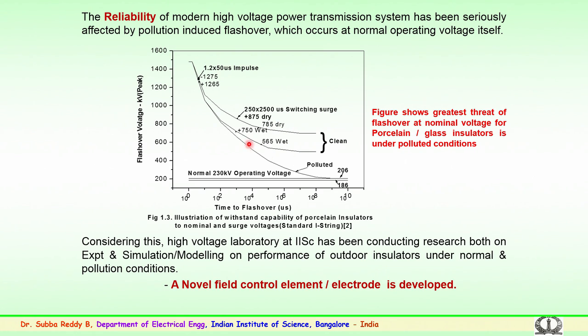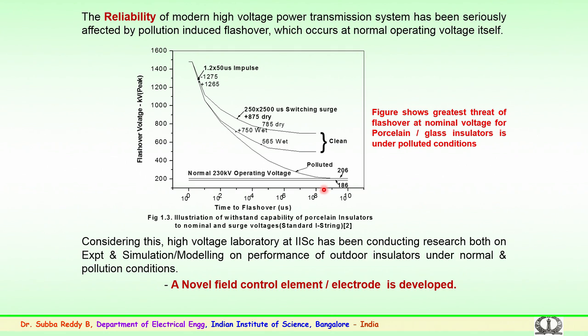But when you follow the third line, the polluted conditions, you can very clearly see that the flashover voltage over a period of time, this is the time to flashover, could drop to normal working voltages. So, the pollution insulation level could come down to the normal working voltage.